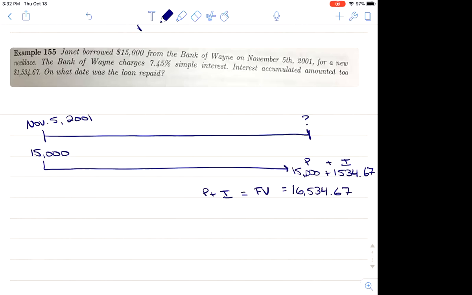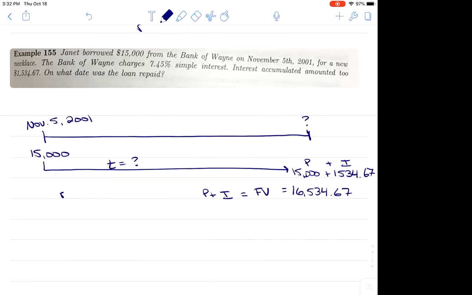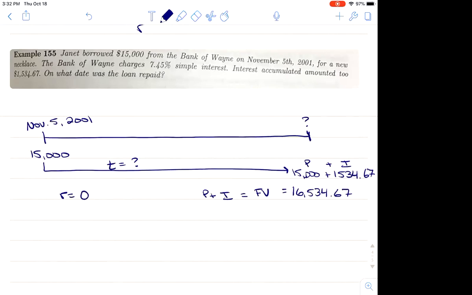So, all right. We put our time on this arrow. We don't know how long it's been sitting there, so we can just say equals question mark. I don't know. So the rate we're told is 0.0745.